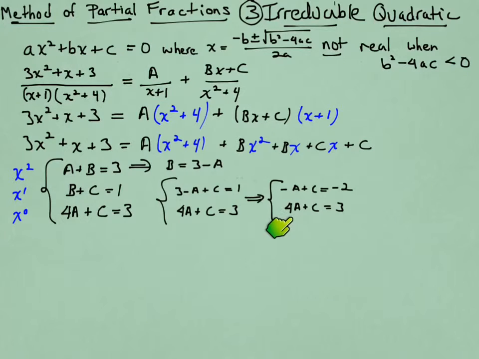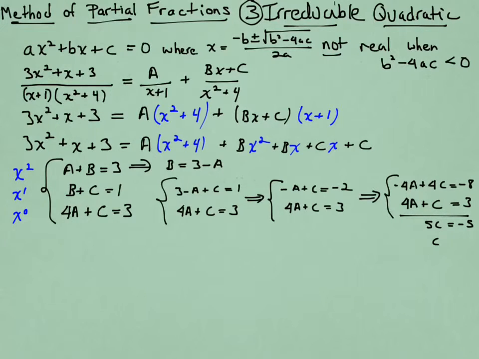I see 4 times a here, and I see minus a here. So what I'll do is multiply this first equation by 4, everything by 4, including the right side, rewrite the second equation, and then I'll add them together. When I do that, the a's will be eliminated. I'll get 5 times c is equal to minus 5, so c must be minus 1.